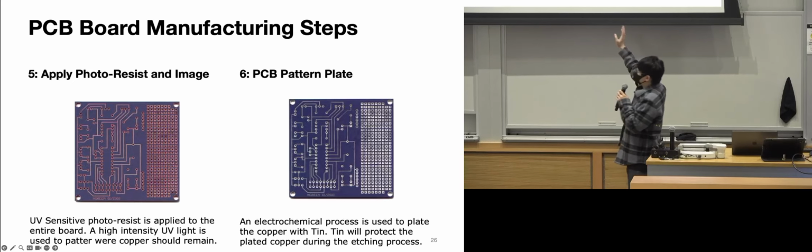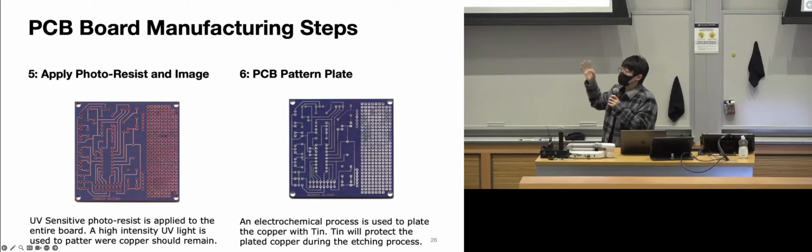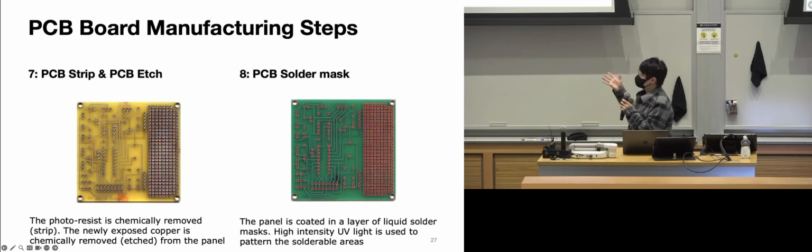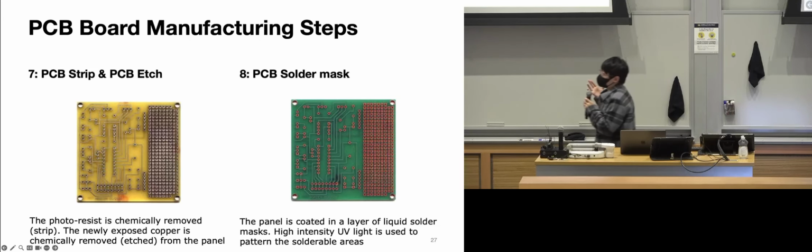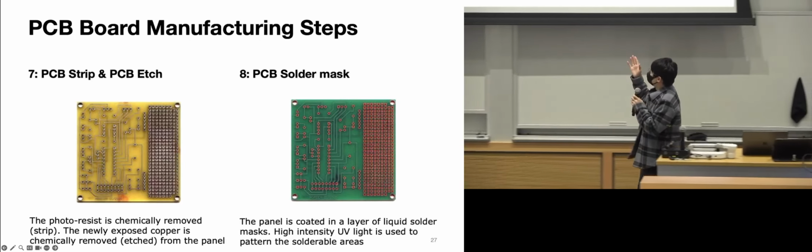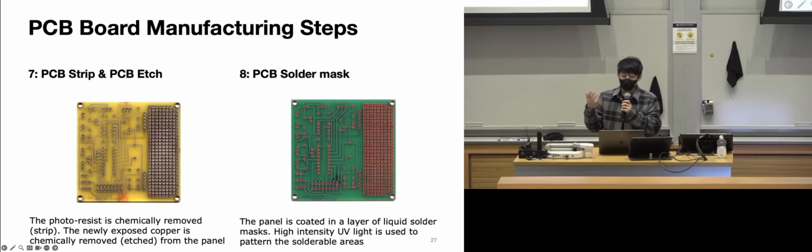Then through another electrochemical process, another layer, usually of tin, is placed to make sure the plated copper is not going to be etched away during the following process, which is the etching process. Basically, you place this into an electrochemical bath, and it will take away all the unwanted copper from the PCB layer you have. And then it is coated with liquid solder mask in whatever color you want to have.